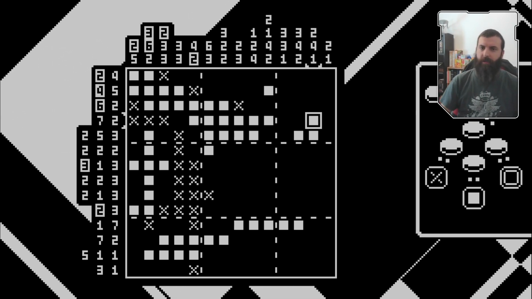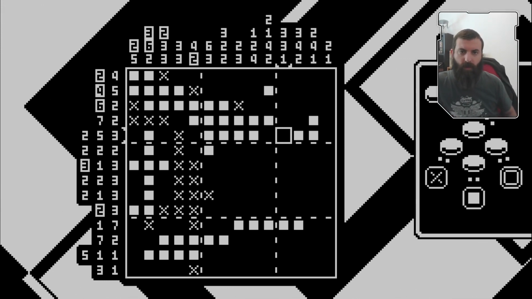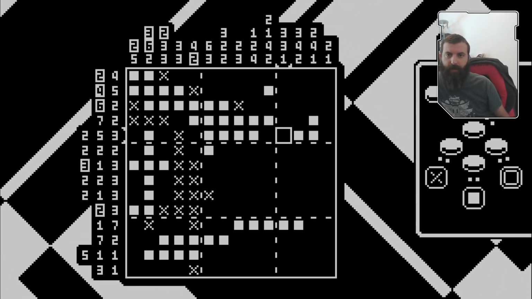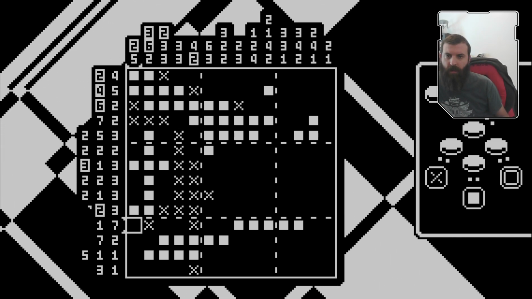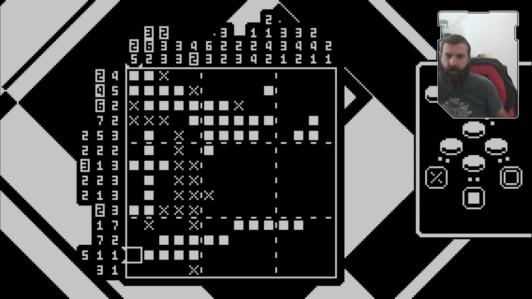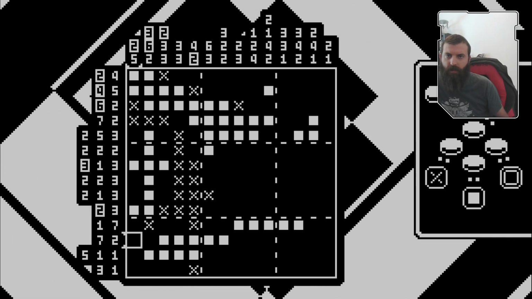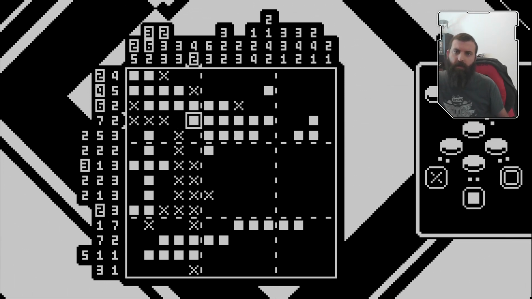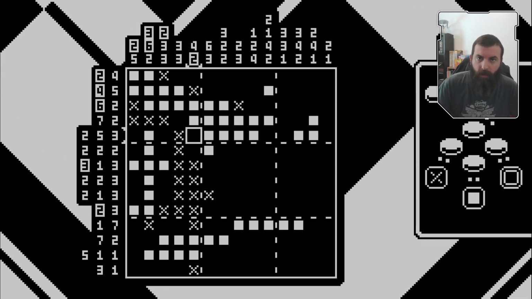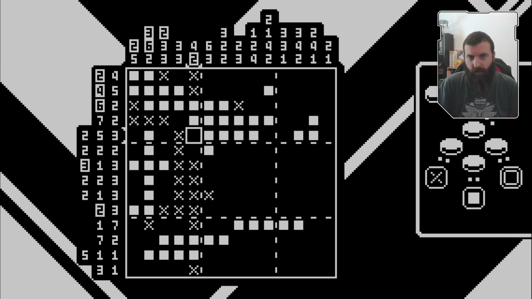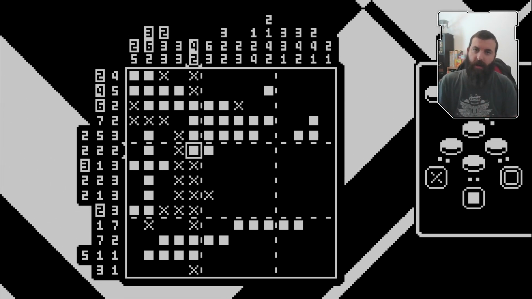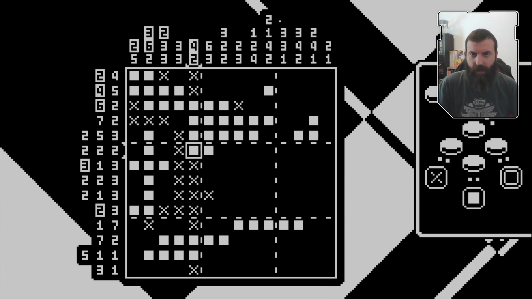Still a pixel wiggle room, but we're narrowing in quickly. Okay. Looking vertically, we know that our 4 can't be here. It has to be there. So that's column locked in. That's good news.